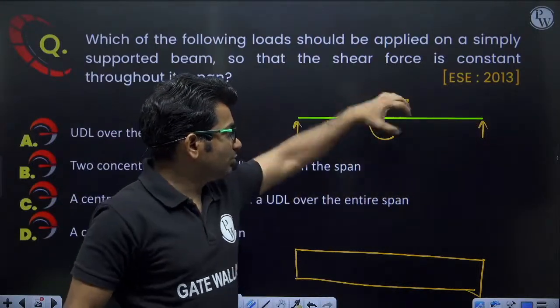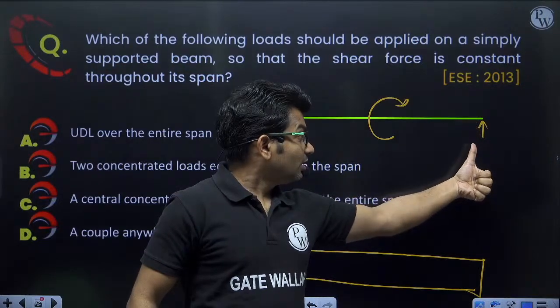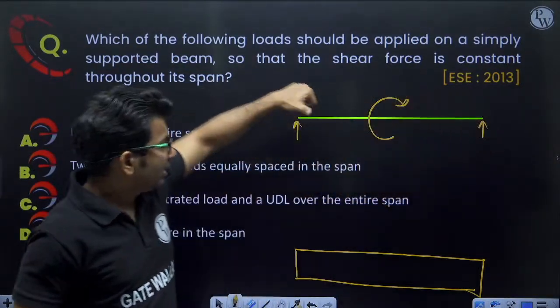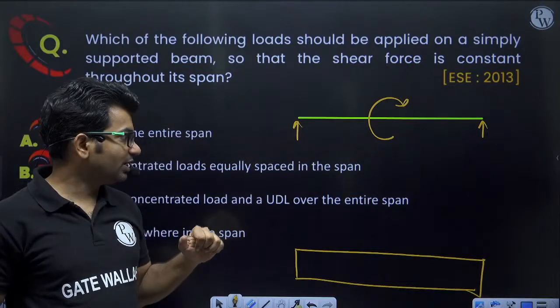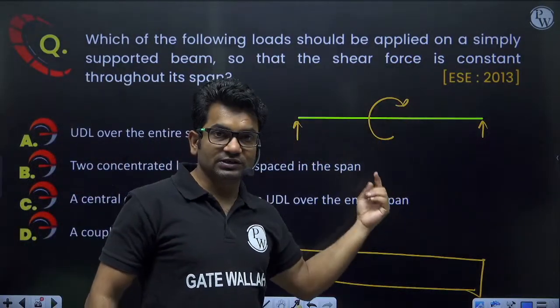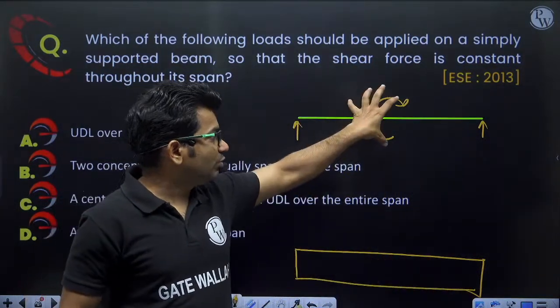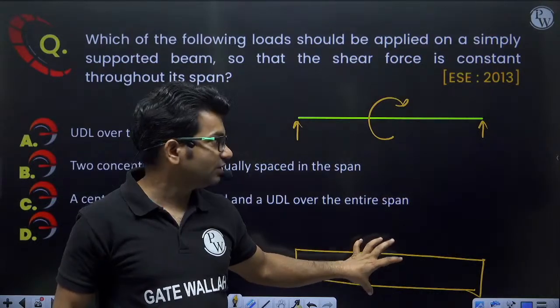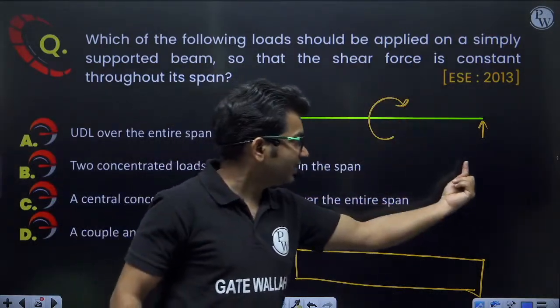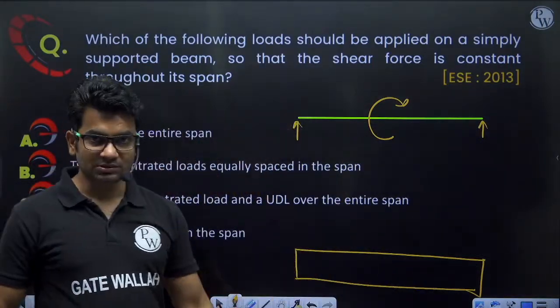Because of this moment there will be an upward support reaction and an equal and opposite downward support reaction. The moment itself does not change the value of shear force, but because of it we get support reactions, and because of these support reactions I get this shear force.